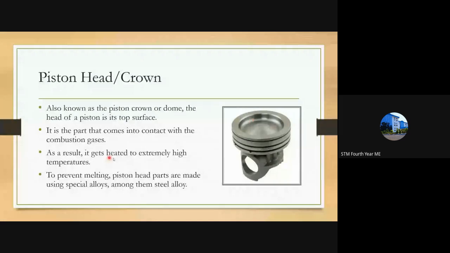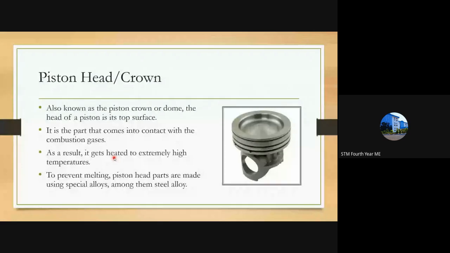So the first force is on the piston crown or the piston head. As a result, it gets heated to extremely high temperatures, since it is in direct contact with the combustion products. Once combustion occurs, the temperature inside the cylinder rises very high, and the piston must be able to withstand such temperatures and pressures.